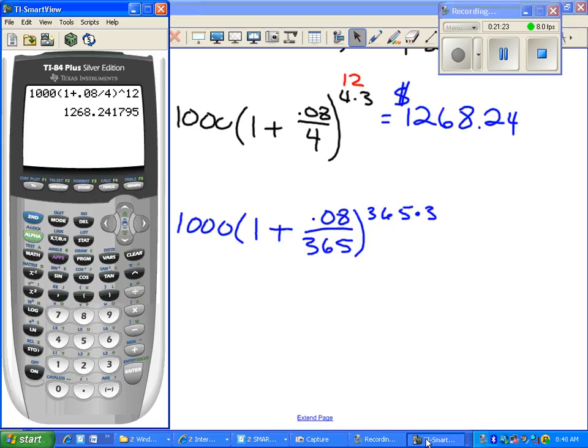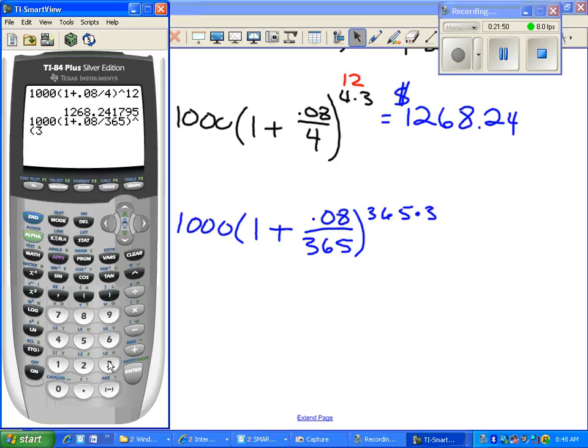Again, I bring up my handy dandy calculator. I'm going to bring up the last thing I typed by hitting second enter. I'm going to change the 4 to a 365. I'm going to change 12 to 3.